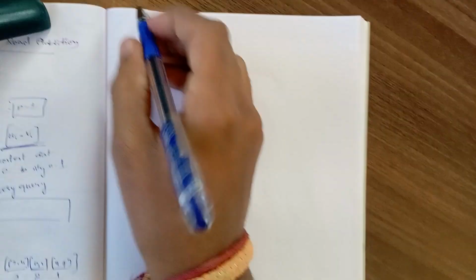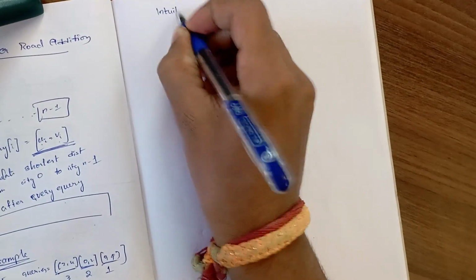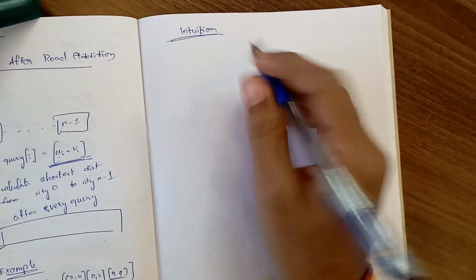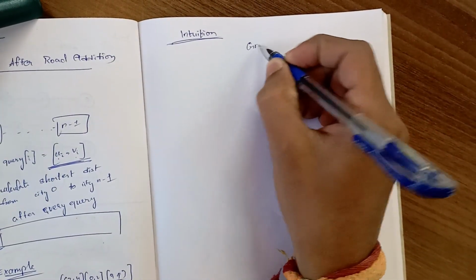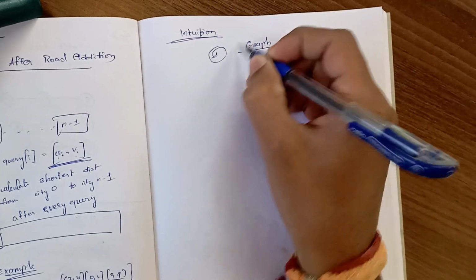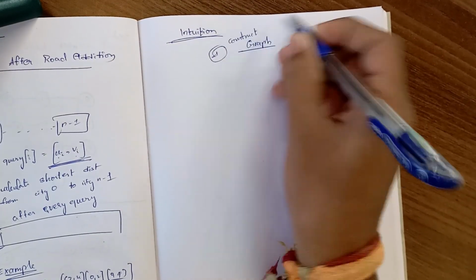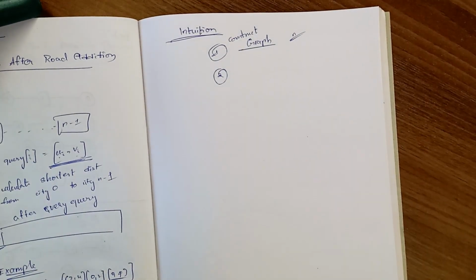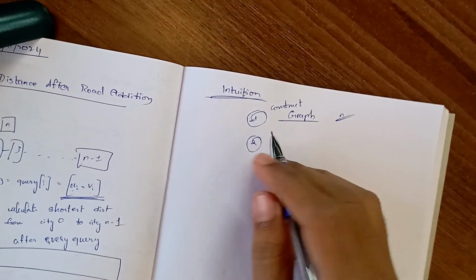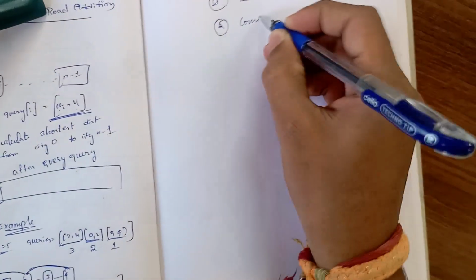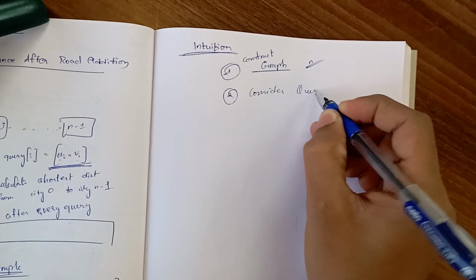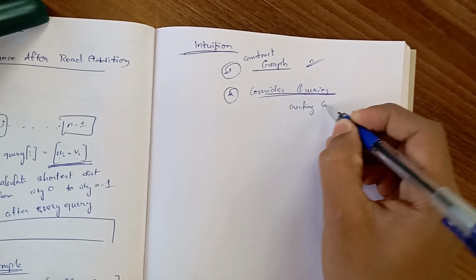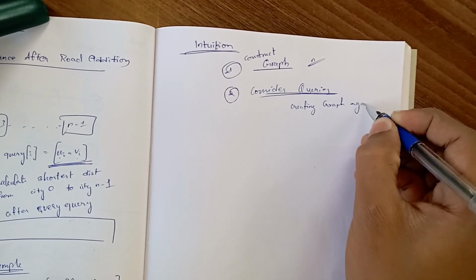Now, let us discuss the intuition. As they have said that there will be a connection like an undirected edge, we need to construct a graph. First thing, construct the graph. And the second thing which we need to do is consider the queries, that means creating the graph again.